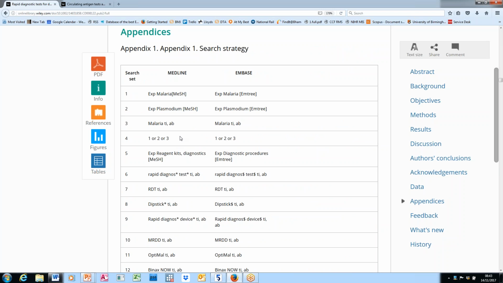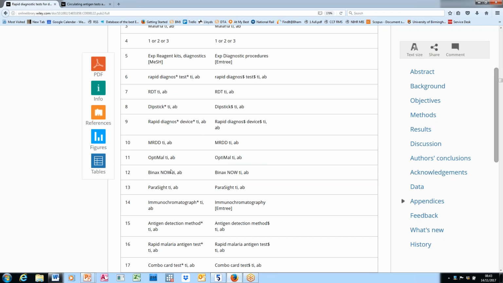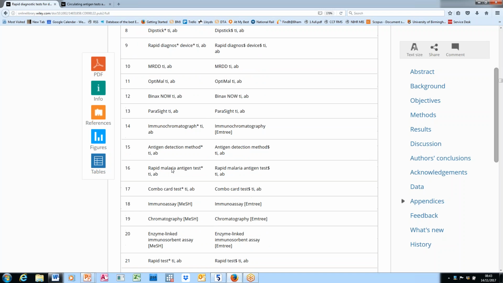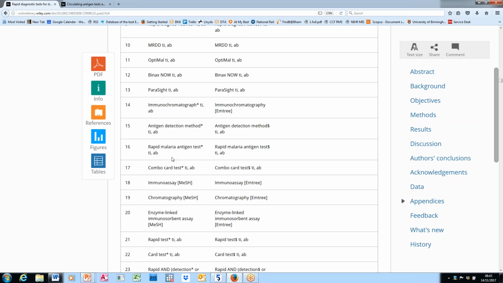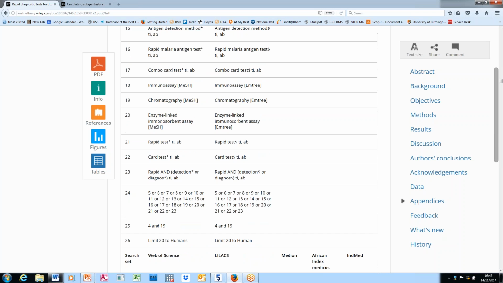So lines 1 to 4 of this are looking for malaria studies. And then from line 5 going down, these are all terms for different tests, either test names or types of tests, but they're all used for rapid tests.